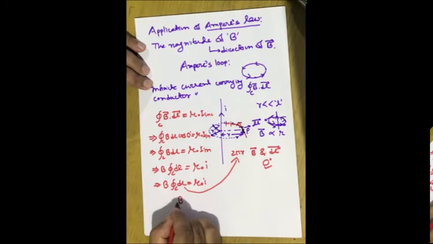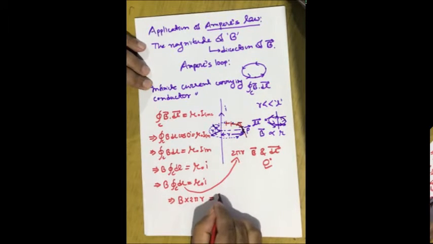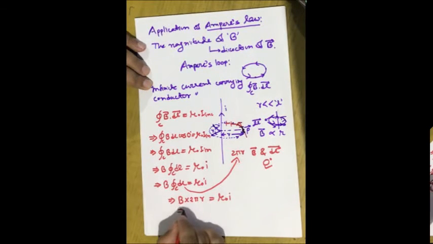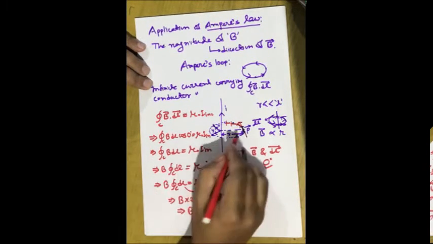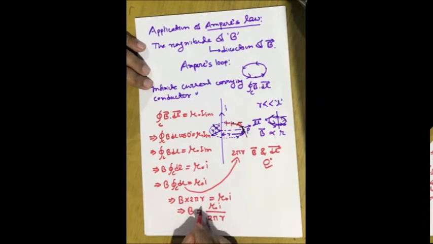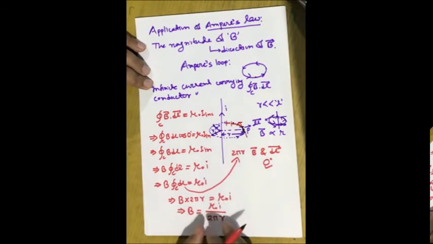Putting this value, B into twice pi r is equal to mu naught into I. So B will be equal to mu naught into I divided by twice pi into r. At any point on this Ampere's loop, the value of the magnetic field will be the same, and its value is mu naught I divided by twice pi r.